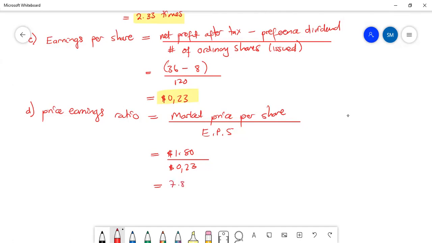We can write 7.8 years. That's how long it would take to be able to recoup the investment in the share had we bought it at the market price.